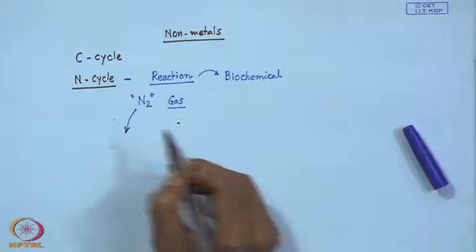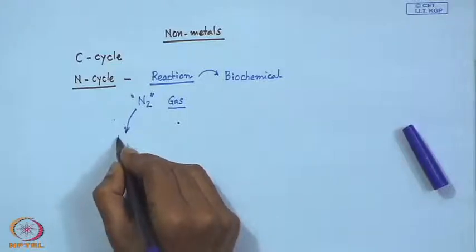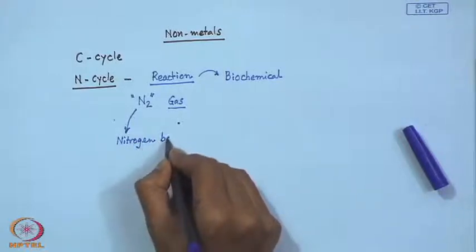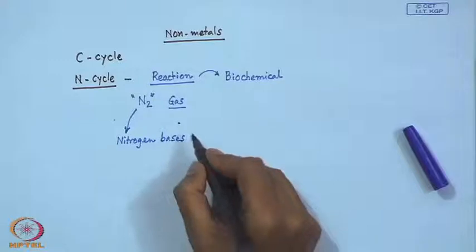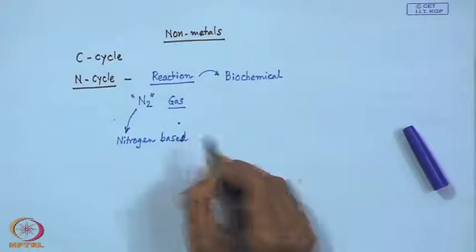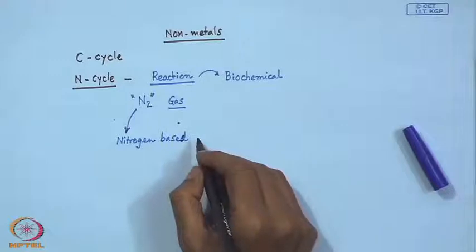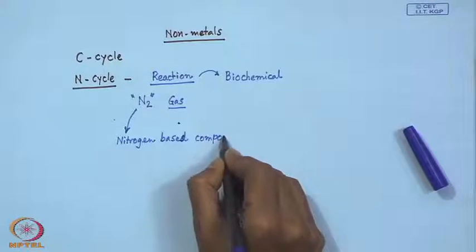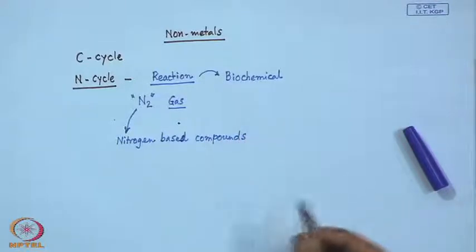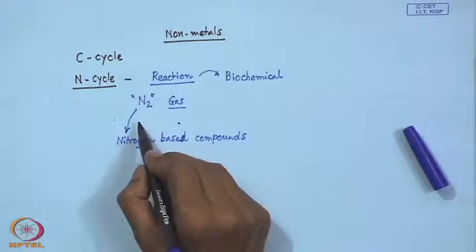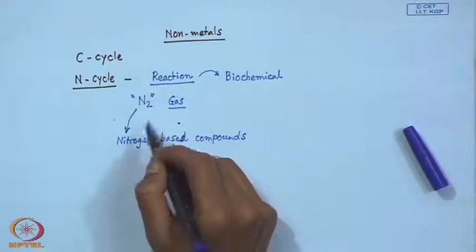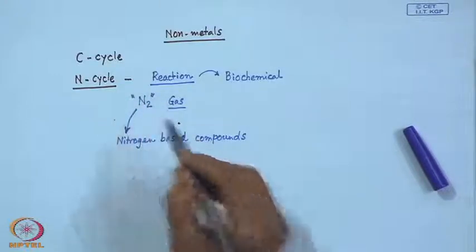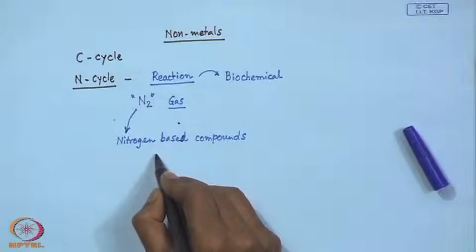It is a challenge to the chemist to convert this dinitrogen gas to different and important nitrogen based compounds. So, these are very important. When we go for this type of transformation, we are incorporating nitrogen atoms in some well established compounds.